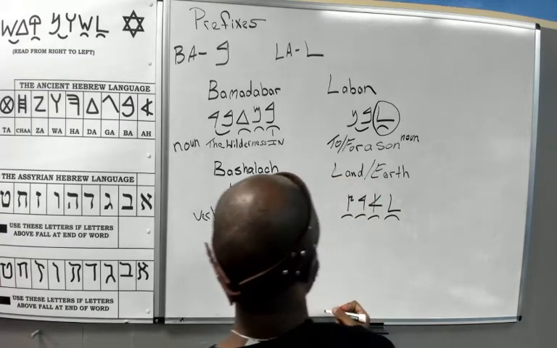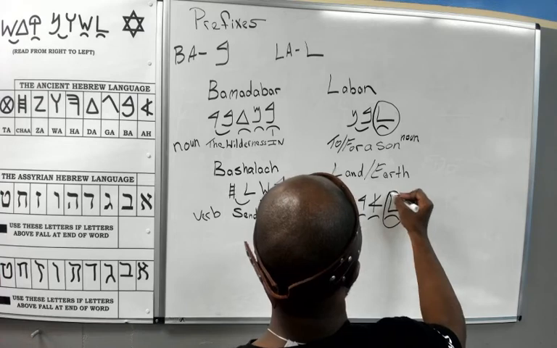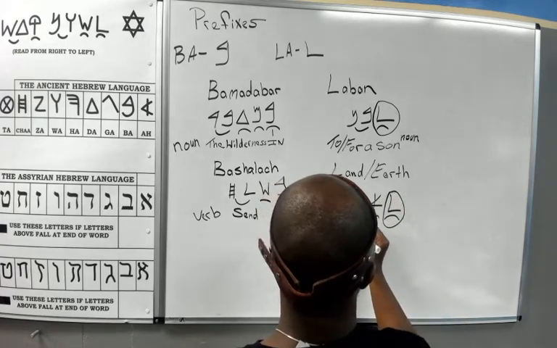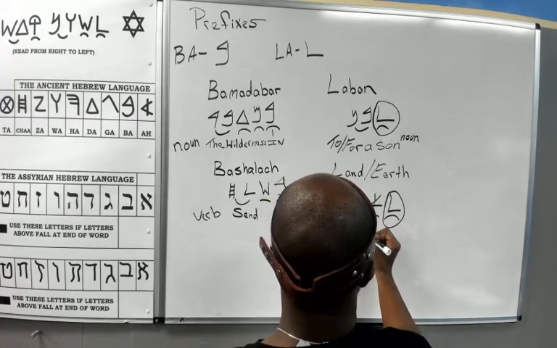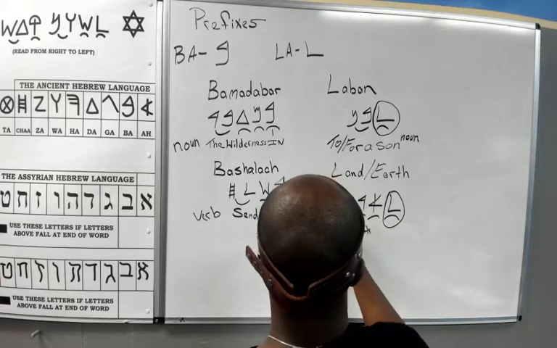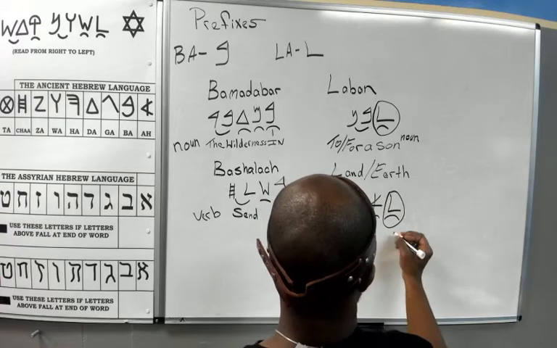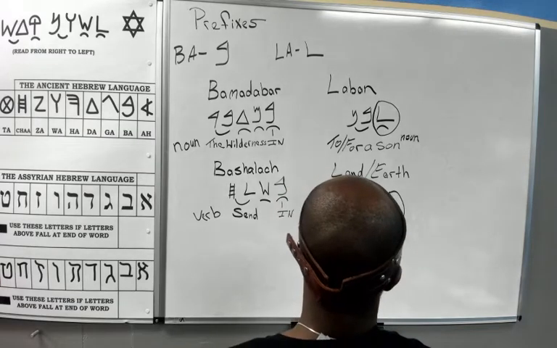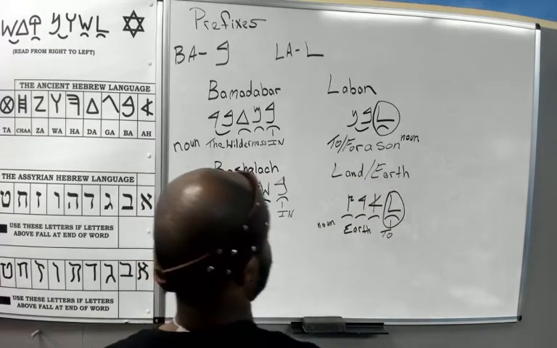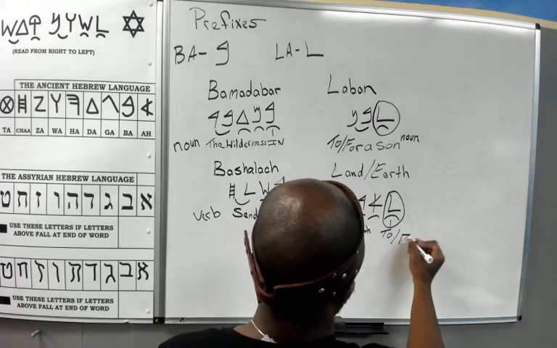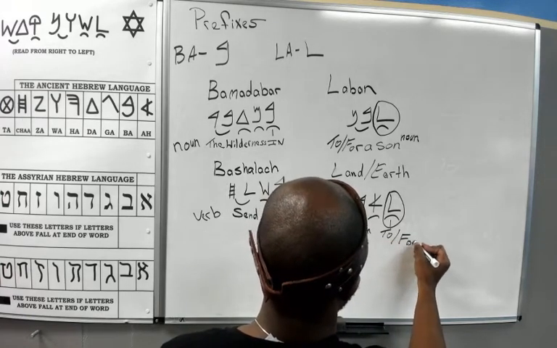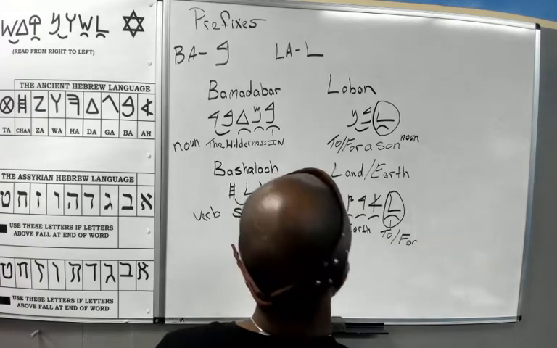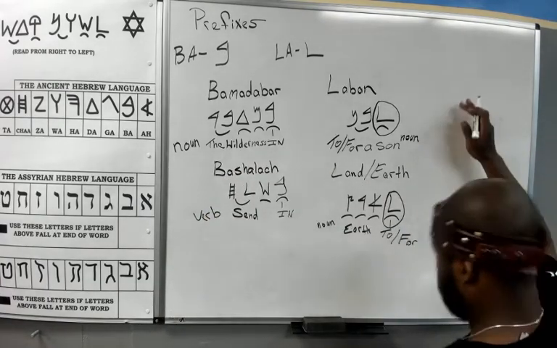So, of course, la again would be the preposition. And then it would be earth. This would be a noun. And then, of course, it would be to earth. La Ratada: to earth or for earth. Either or, you take your pick. All right, I'm going to go ahead and skip la, go over to the next letter.